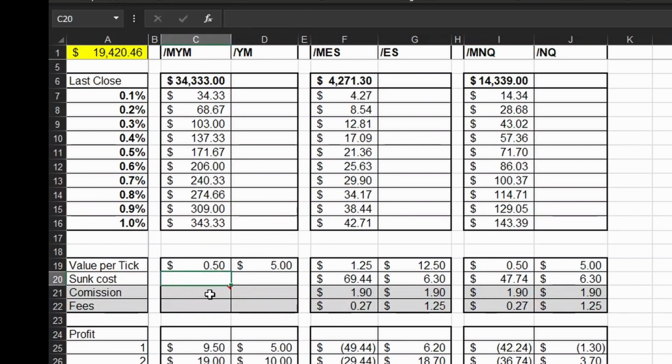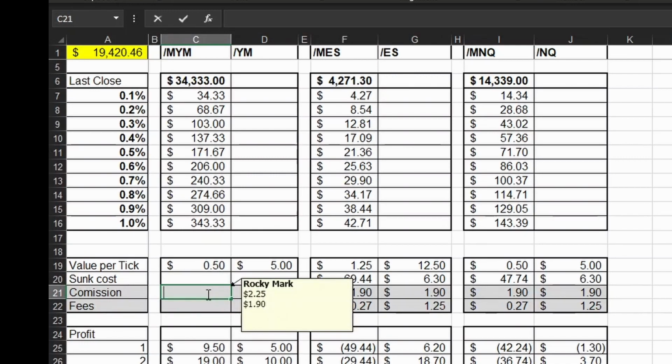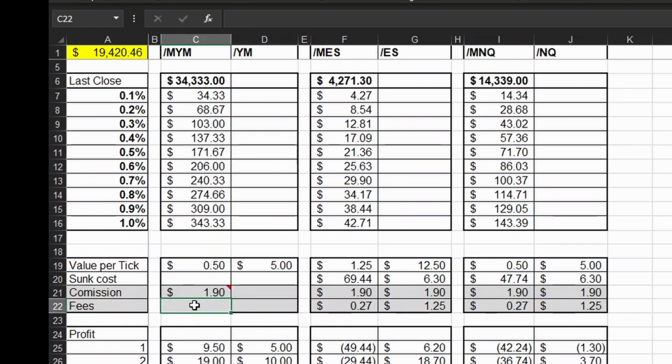For the commission, as I showed you earlier, for the MYM, the commission is $1.90, and the fees for that are 27 cents one way. For the YM, the commission is also $1.90, which is what I negotiated from $2.25, but the fees are a lot more for the YM, which is $1.25.